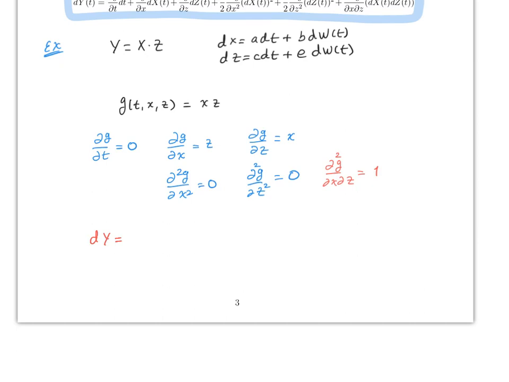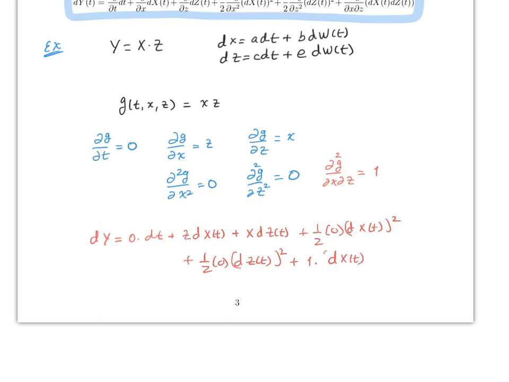So therefore the dy, for now, will be 0 dt plus z dx plus x dz plus 1/2 times 0 dx_t squared plus 1/2 times 0 dz_t squared, and then plus 1 times the dx times the dz.